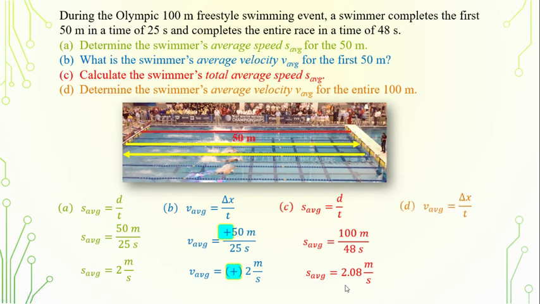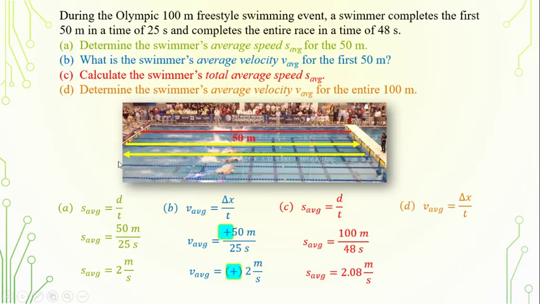Part D asks us to find the average velocity for the entire 100 meters. This one is where you really have to pay attention. Average velocity could be different than average speed once the object or swimmer turns around. So here I would just apply the average velocity function, which is displacement over time.